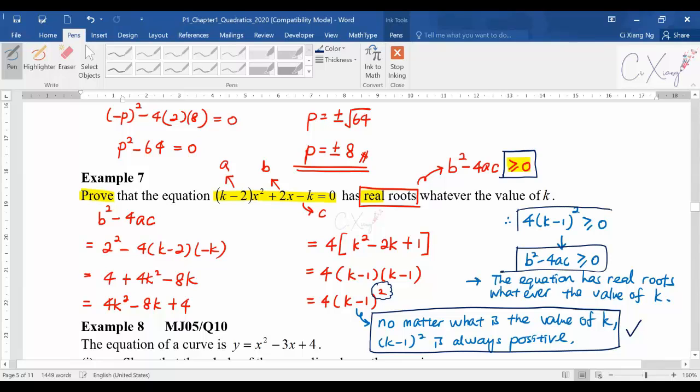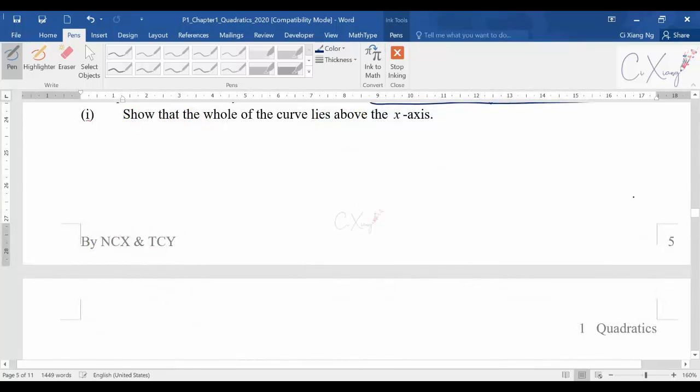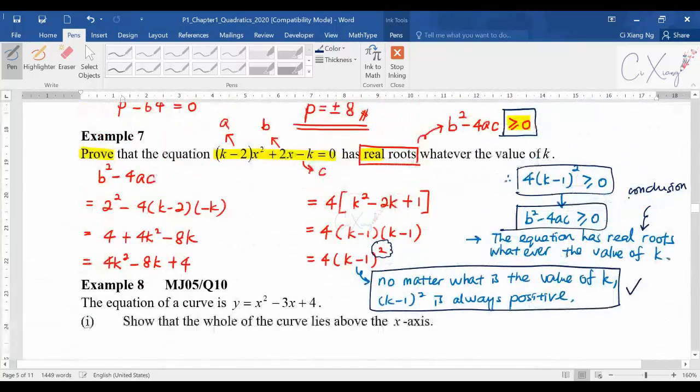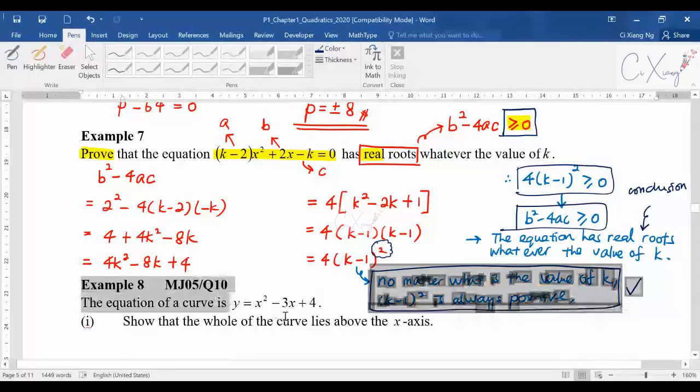All these are reasons, and after that, the conclusion. So this is what you generally need to do. This is something new that we need to cover here. If no problem, let us continue with another example.